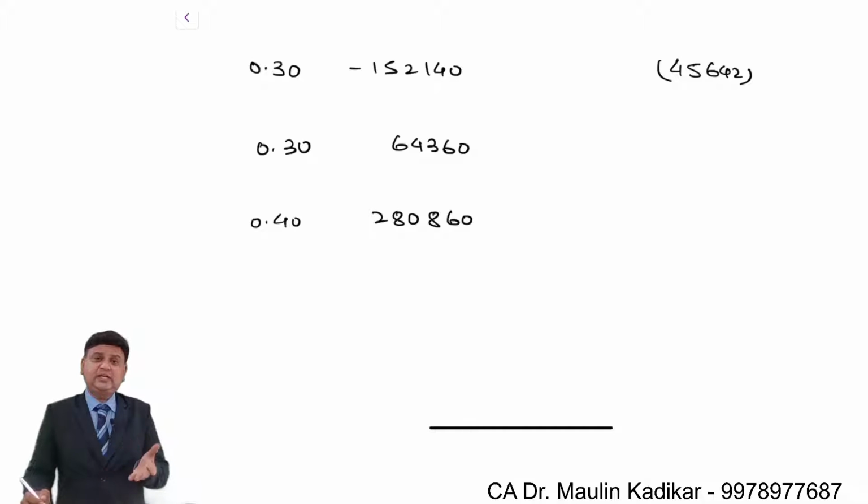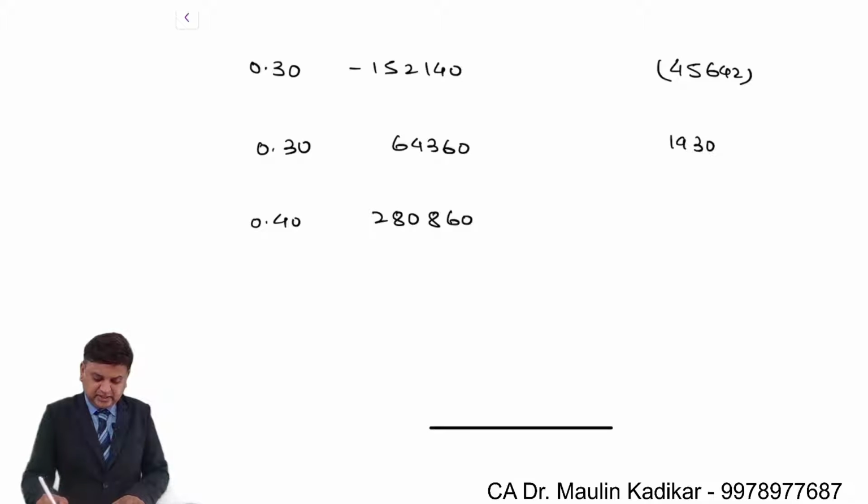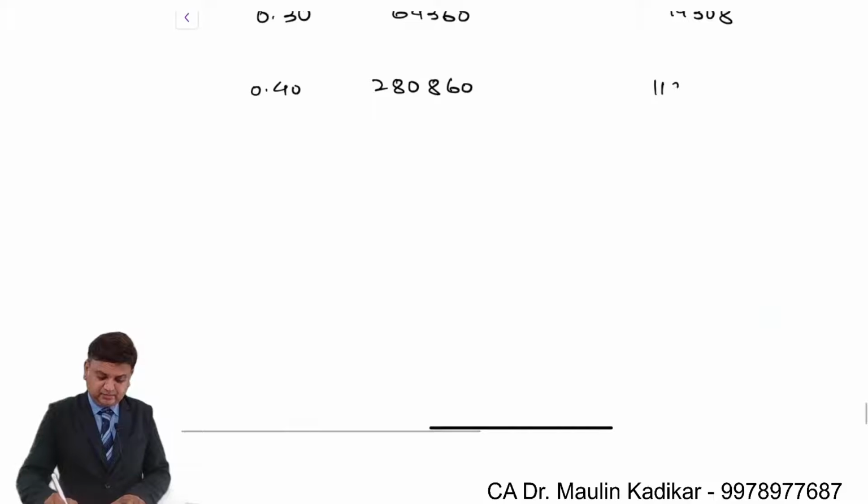We can compute directly the mean value for this. There are 30% chances NPV will be 64,360. So it is 19,308. Another 40% chances it is 280,860, which gives 1,12,344.